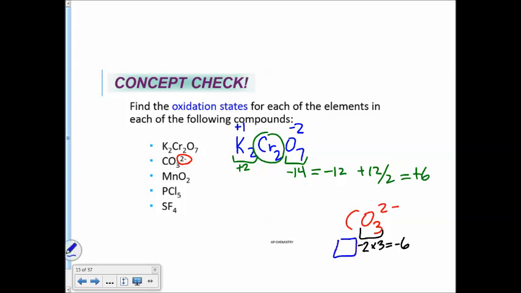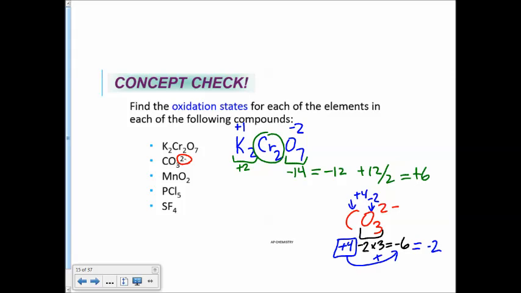So the carbon in this case is going to be something plus the negative 6 has to equal minus 2. So in this case, what would the carbon need to be? A plus 4. So the oxidation number of the carbon is plus 4. The oxidation number of the oxygen is minus 2. And that's when it has a charge on it, just make your oxidation numbers add up to that charge. Okay?